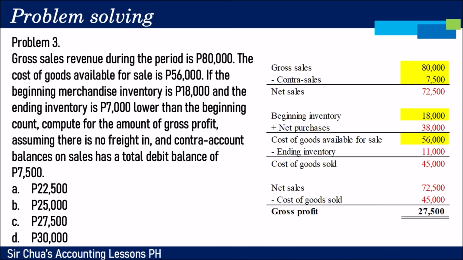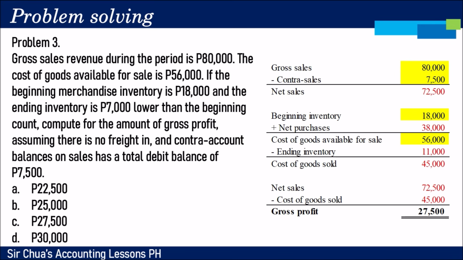Okay? So, gross sales na 80,000 minus contra sales na 7,500. Net sales mo, 72,500. May beginning inventory ka na 18,000 pero actually, hindi mo na siya kailangan para makuha yung cost of goods sold kasi binigyan naman na kayo ng cost of goods available for sale na 56,000. Paano mo makukuha yung ending inventory?